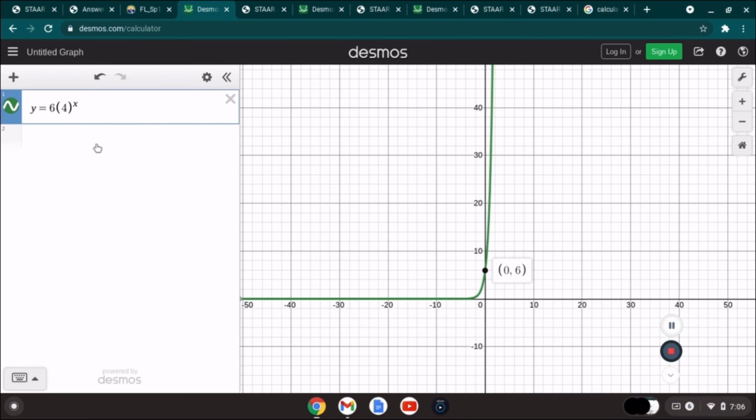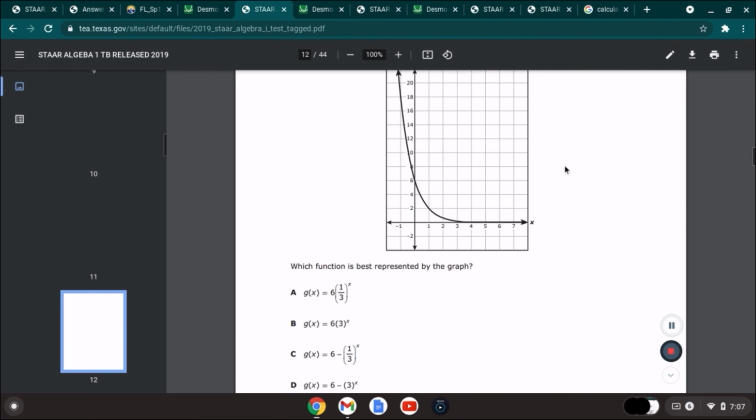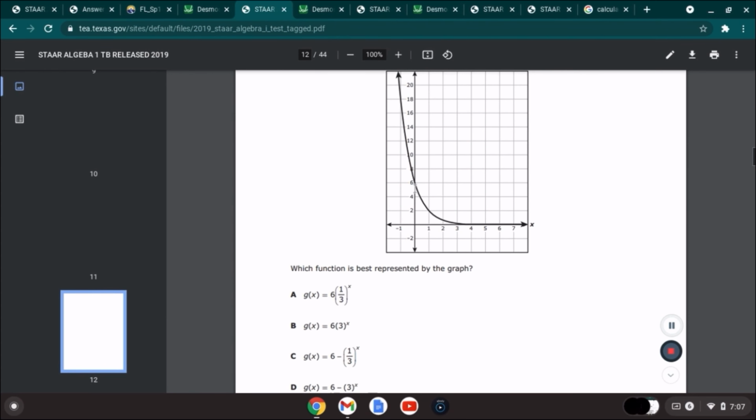But when your function is an AB function, meaning you have an A and a B, then your exponent, which is x, your A is always going to be your y-intercept. So our a, which is 6, here we see it at (0, 6). That's our y-intercept. So for one thing, we're going to have to know that our a is going to be 6.